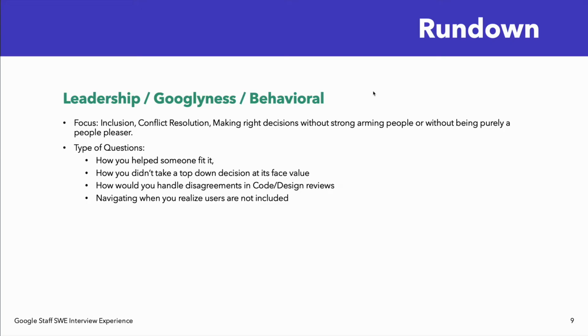And then, how do you navigate when you realize your users are not included, right? Like what would you do if you have a product that, say, the LGBT community might feel bad about? So some of these topics are around inclusion. Google is very particular about that, so you would not want to launch something which excludes some kind of diverse DEI groups.